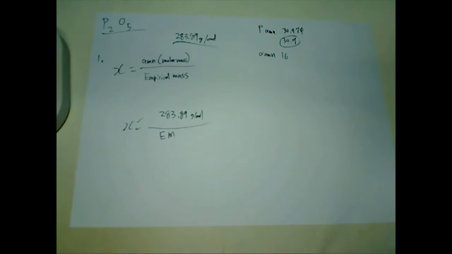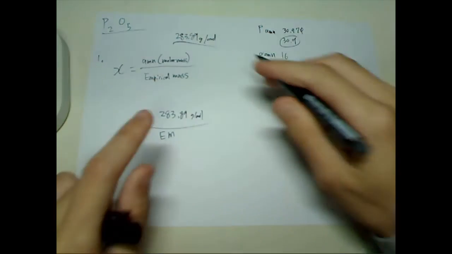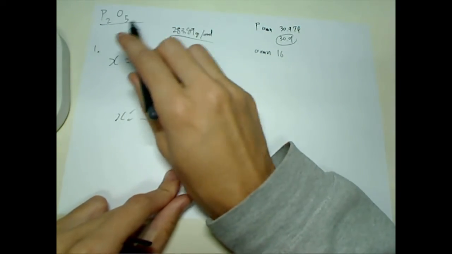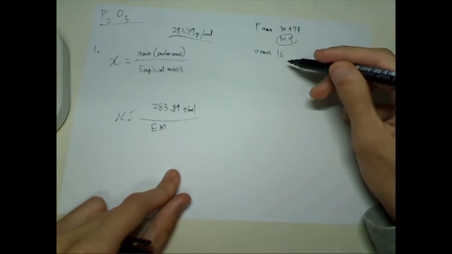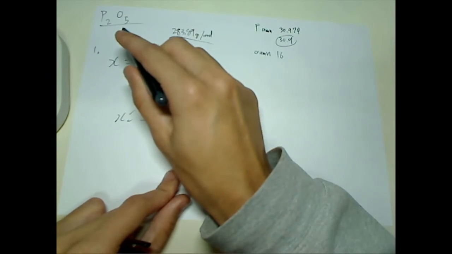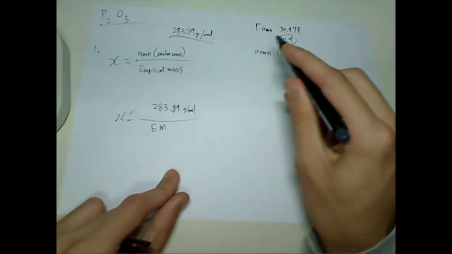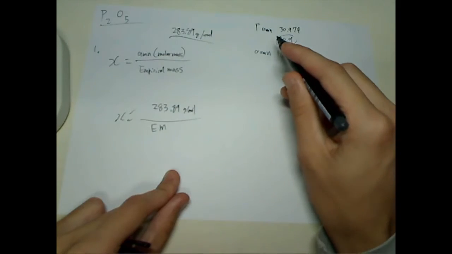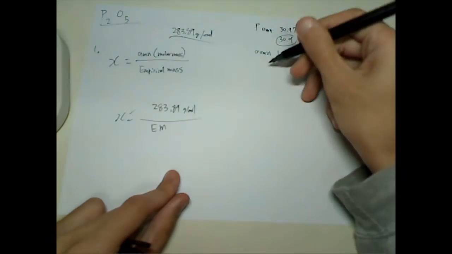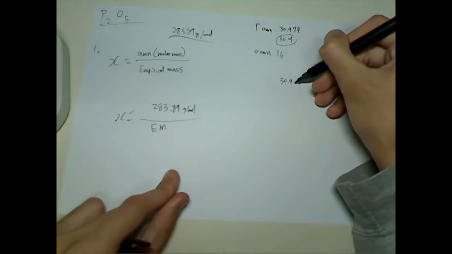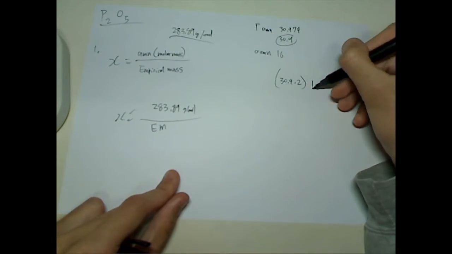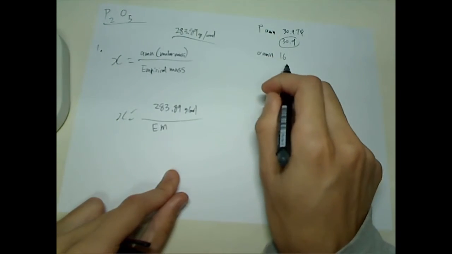Now using this, we take these numbers, you see 2 and 5, and we're going to multiply each AMU by the respective number of atoms. So for P2, we'll do 30.9 times 2, and add that to 16 times 5.